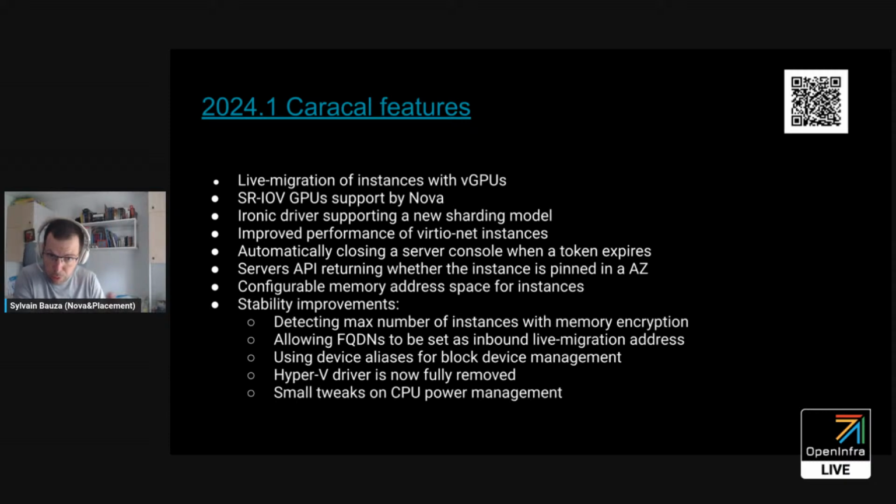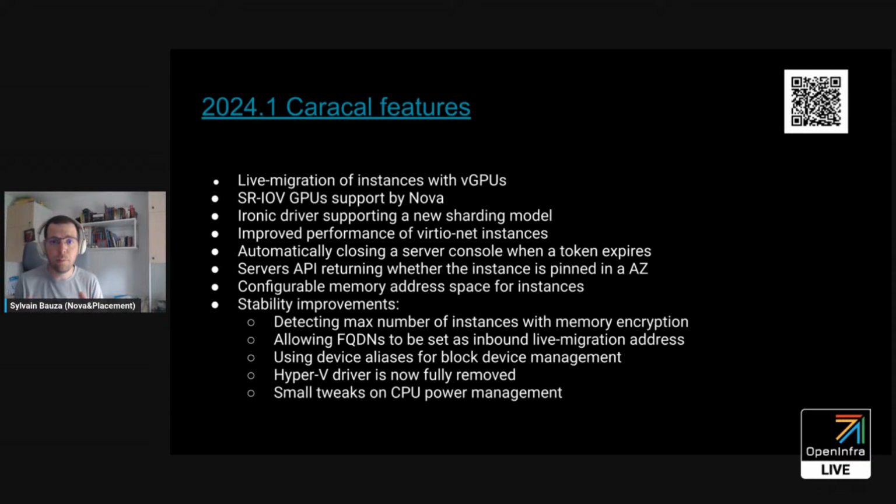If you opt in, Nova will automatically close the server console. If you don't want that, it's not a problem. It's opt-in. But if you are afraid of some users still having a server console even if the token is expired, it's no longer possible.